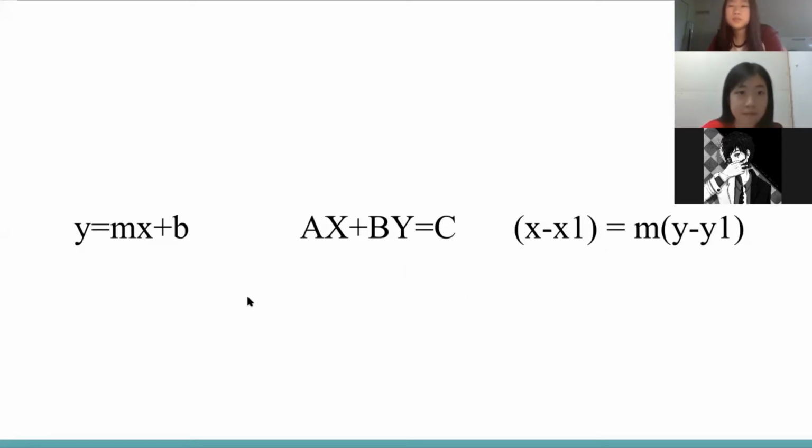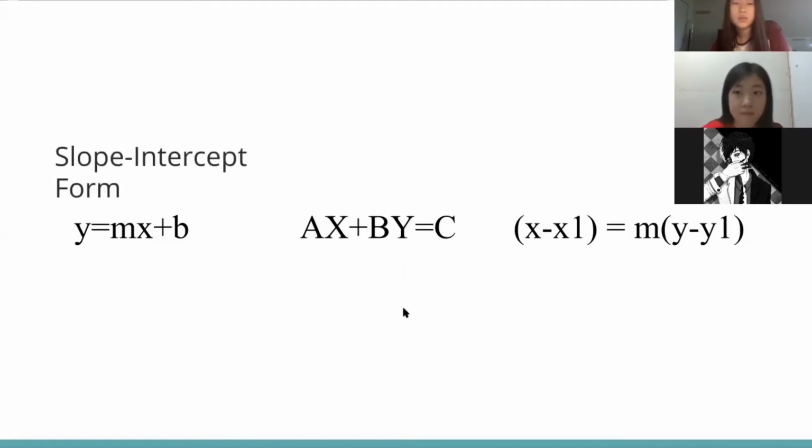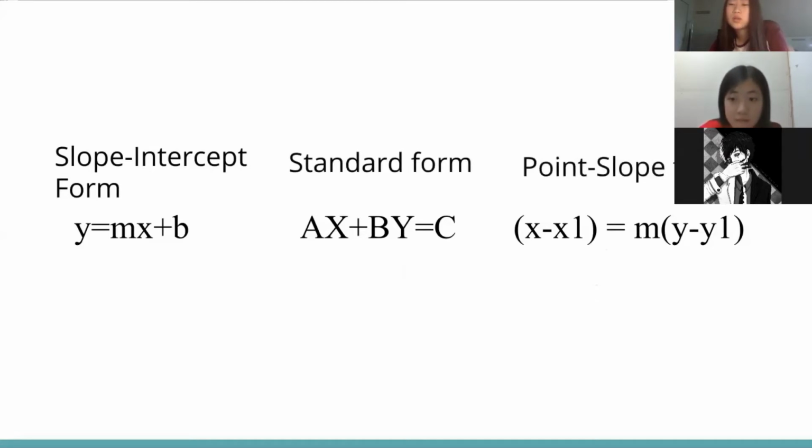Okay, so the first one is slope-intercept form, the second one is standard form, and the third one is point-slope form.